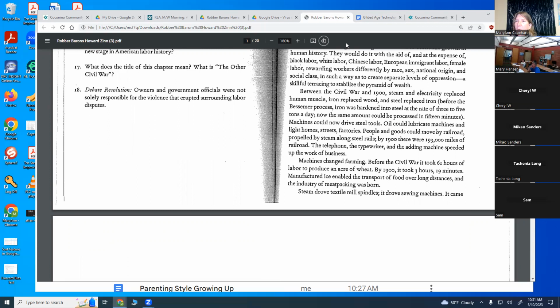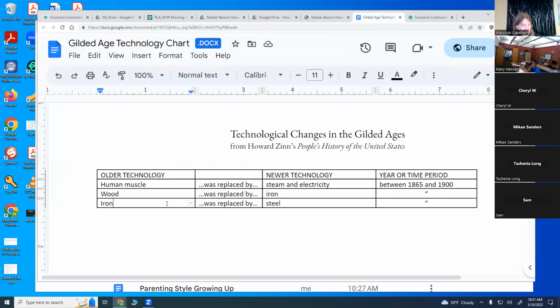Before they had oil lamps, how did they see at night? Sheena, how do people see at night? An old fashioned oil lamp, if you have one of those with the wick and you light it.